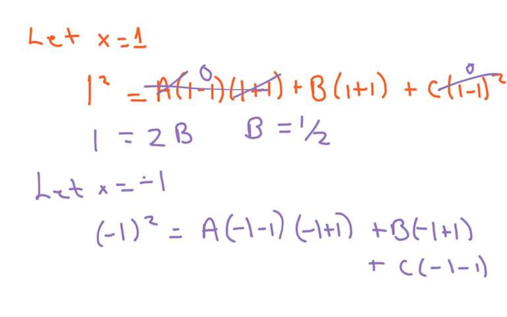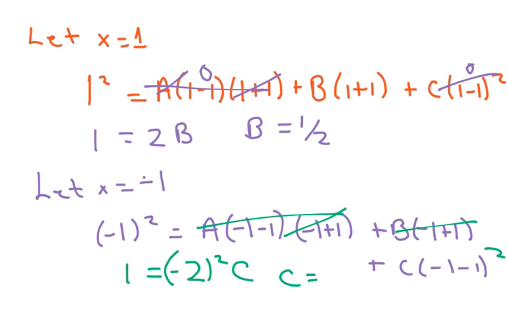In this case, this will zero out, so that whole thing goes away. B will zero out, and we get 1 equals negative 2c. Oh, this is supposed to be squared, sorry. So we get negative 2 squared c, and so c is going to be 1/4.